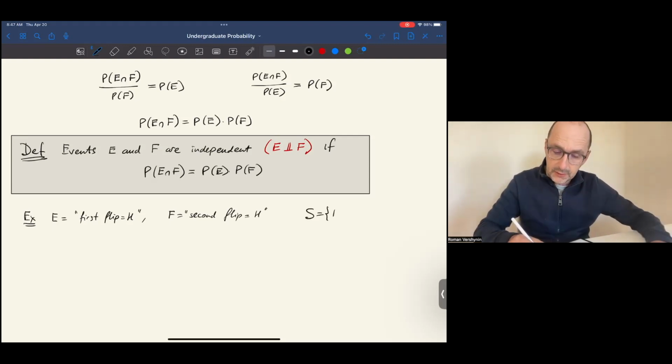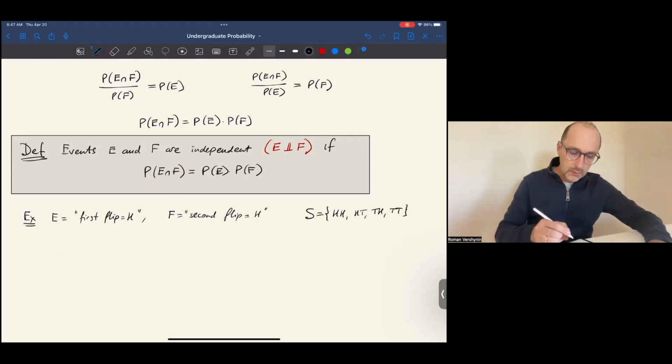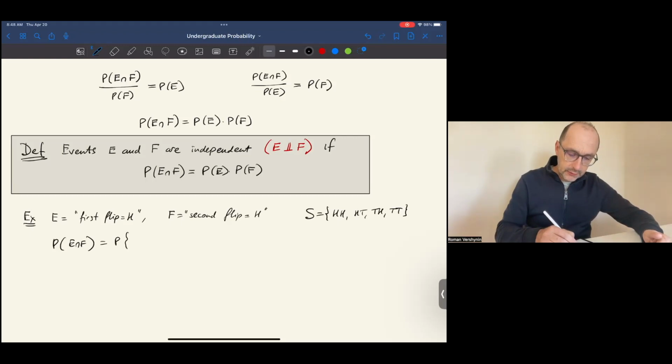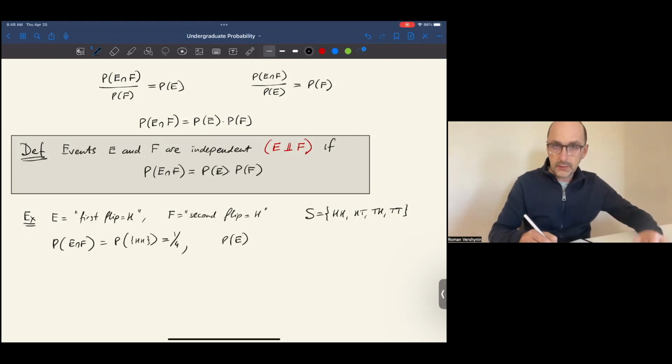The sample space here has 4 outcomes. E intersection F is the outcome that both the first and the second flip are heads. That consists of only one outcome, HH, out of 4. So this is 1/4. While the event E, that the first flip is heads, has 2 outcomes.